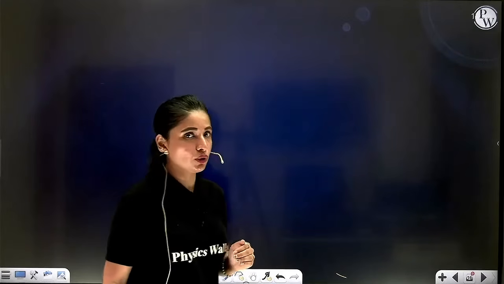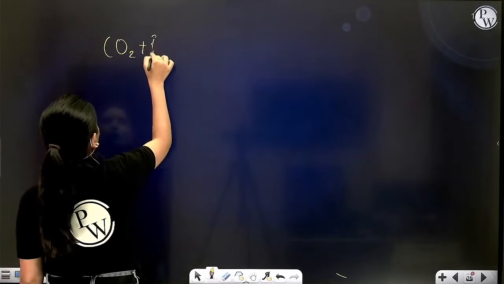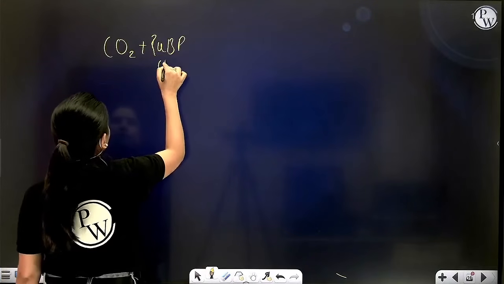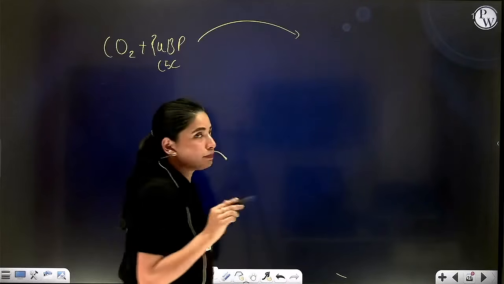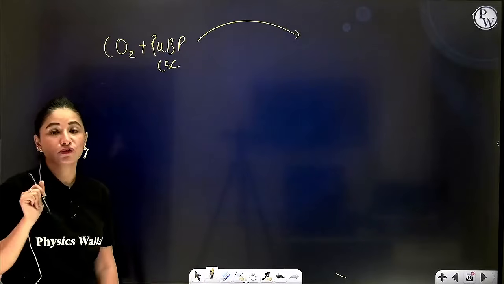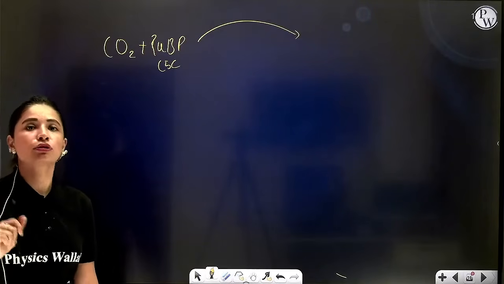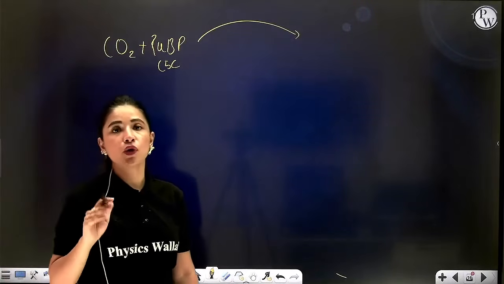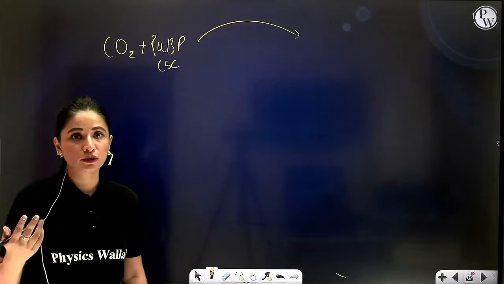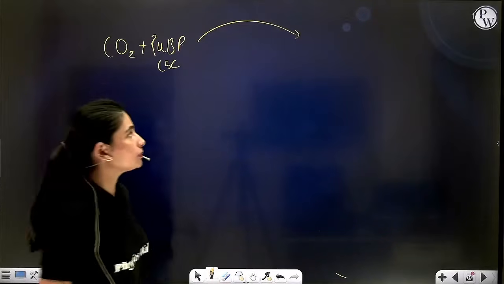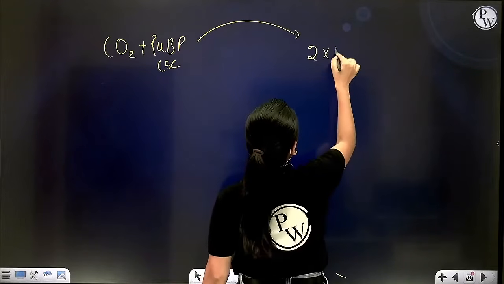So the number one step is carboxylation, that is binding of CO2 with the primary acceptor, which is RuBP, ribulose bisphosphate, in the presence of the enzyme Rubisco to produce the first stable product, a 3-carbon compound, phosphoglyceric acid, and of this 2 molecules are produced to balance the number of carbons on both reactant and product side.